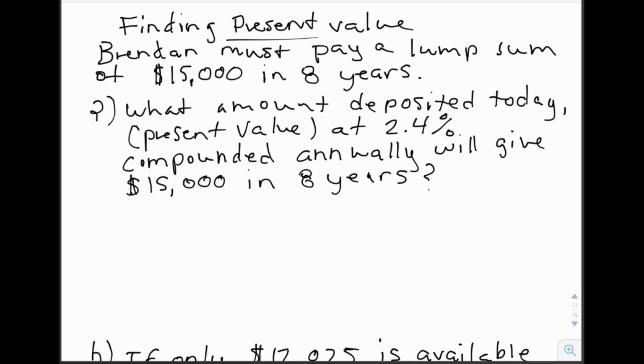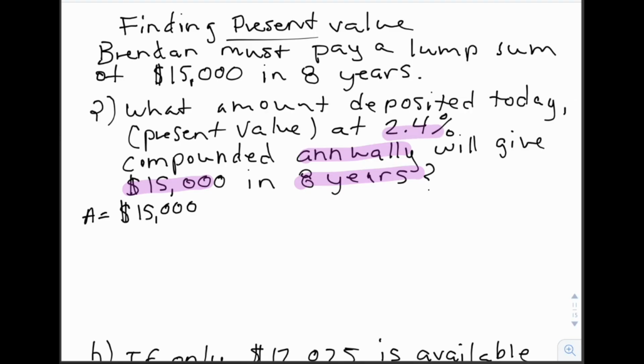So we know that our A is going to be given to us. It's going to be this $15,000 here. It is compounded annually and will give us this amount in 8 years. Let's go ahead and use the 2.4 as well.